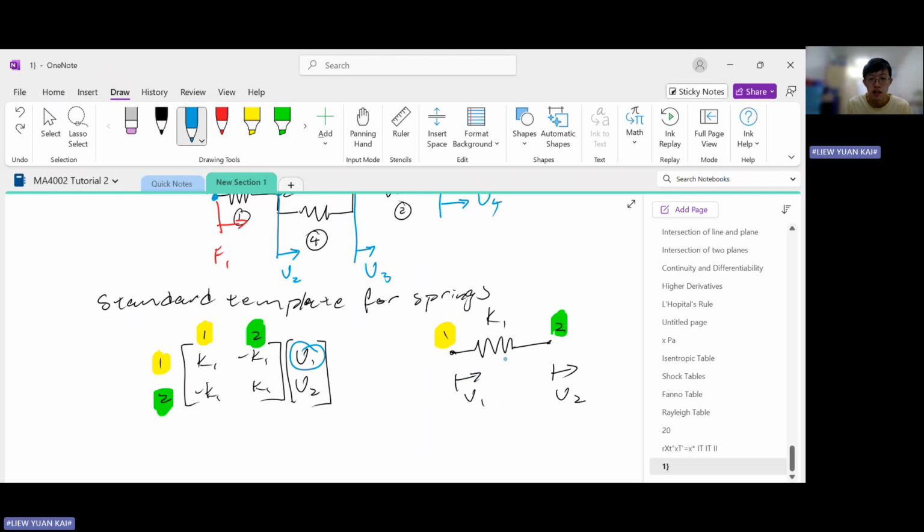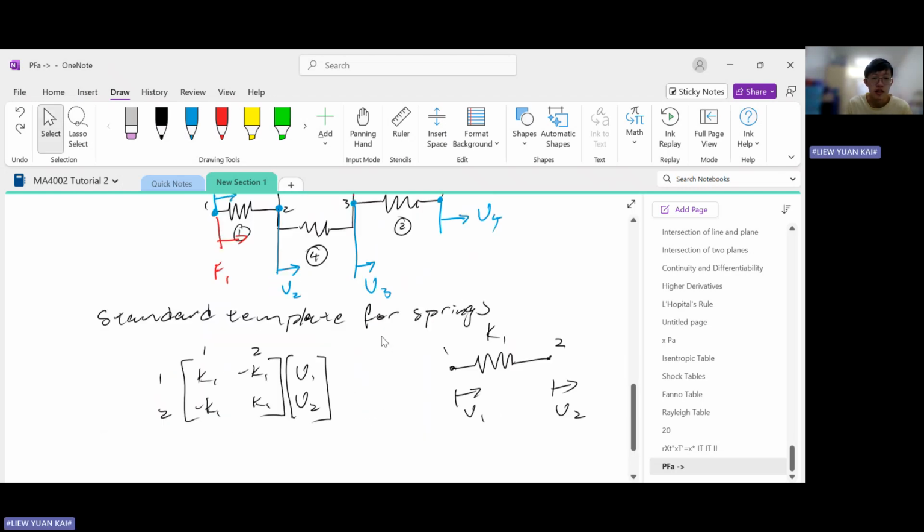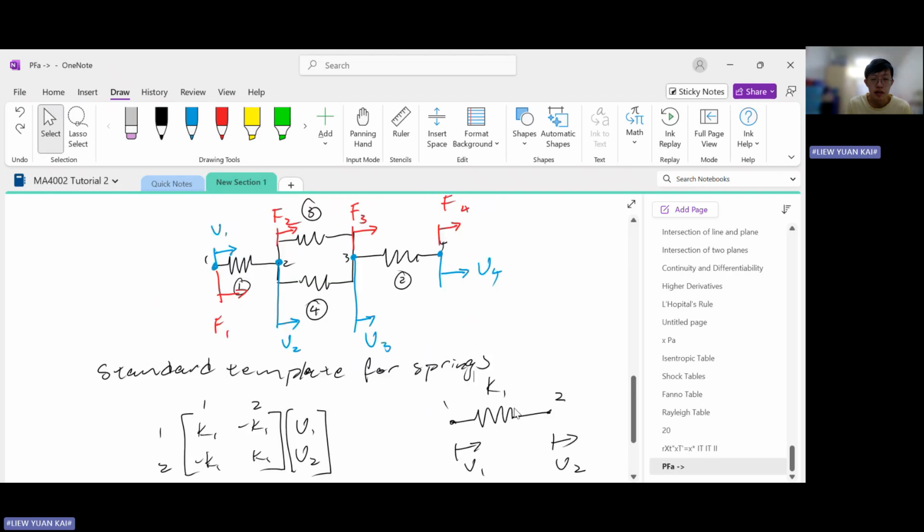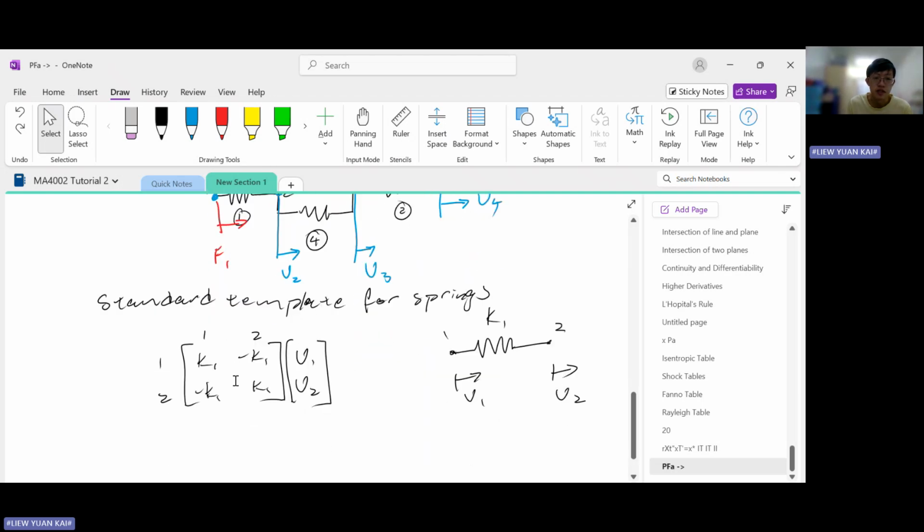So that's what these notations mean. Let me clear all this highlighting. So this will be the element equilibrium equation, or rather the element stiffness matrix for spring 1.